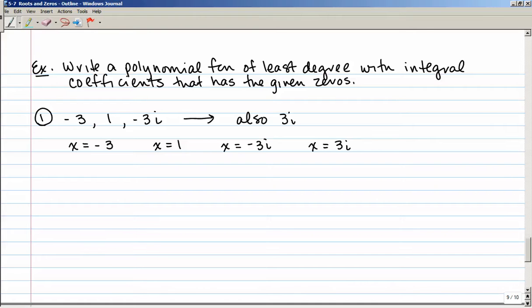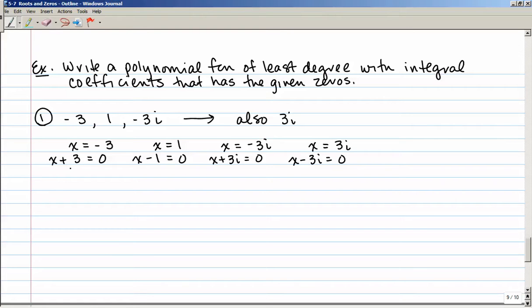So let's make each one of those equal to 0. So adding 3 on both sides. x plus 3 equals 0, x minus 1 equals 0, x plus 3i equals 0, and x minus 3i equals 0.